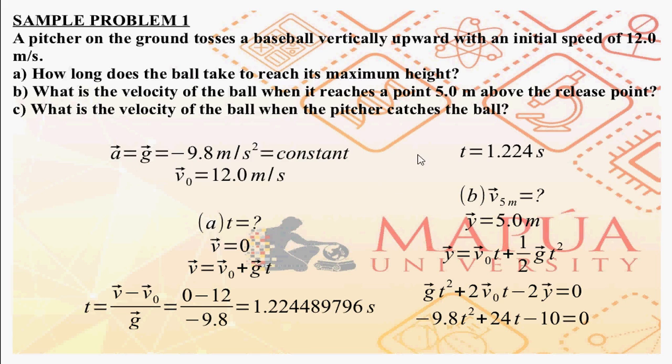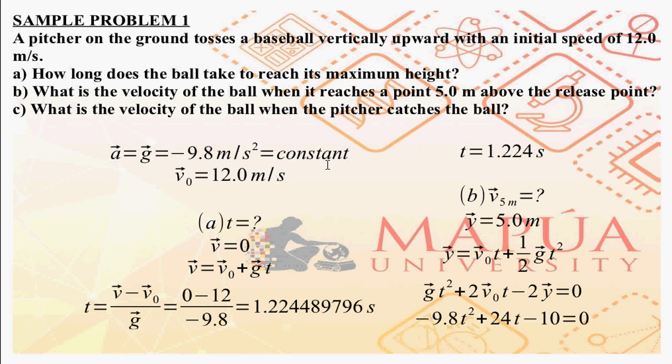So acceleration is heading in the opposite direction. As the ball is moving upward, it is decelerating. It is slowing down. When it reaches maximum height, the velocity of the object has been reduced to 0. So final velocity upon reaching maximum height is equal to 0.